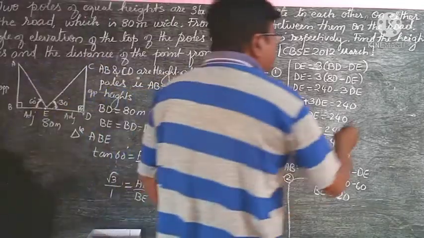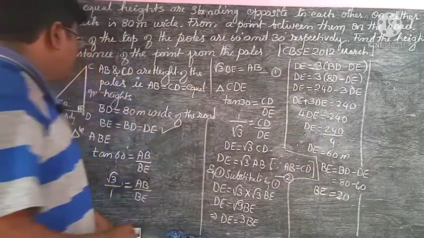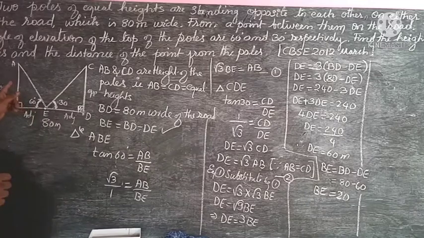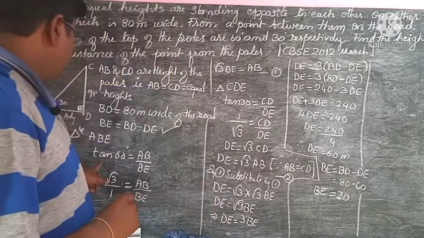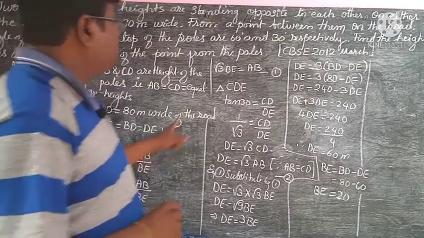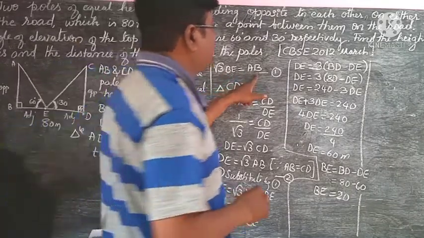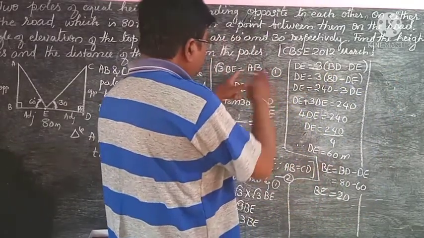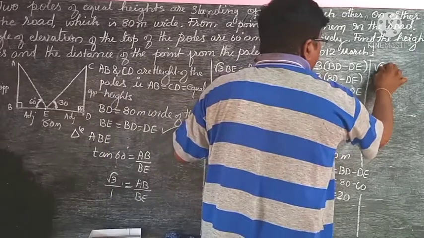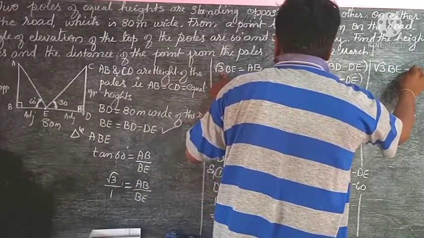After finding BE as well as DE, then we also find out the height of the pole. The height of the poles can be found. So you know that root 3 BE is equal to AB. Therefore you can substitute the values in equation 1. In equation number 1, root 3 BE is equal to AB.